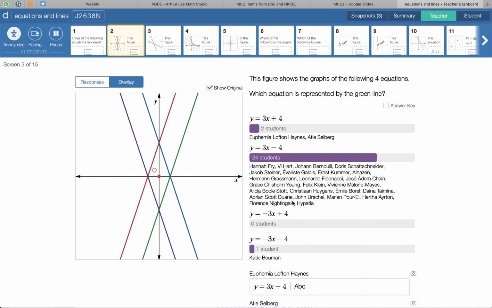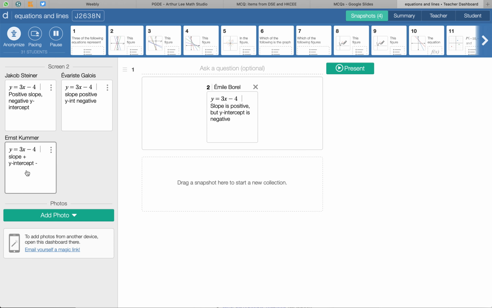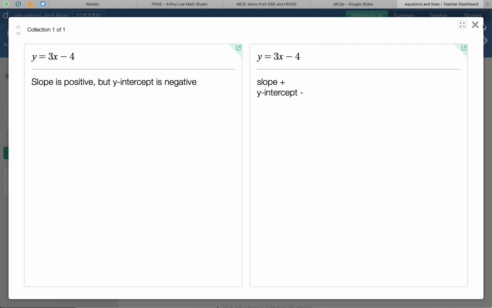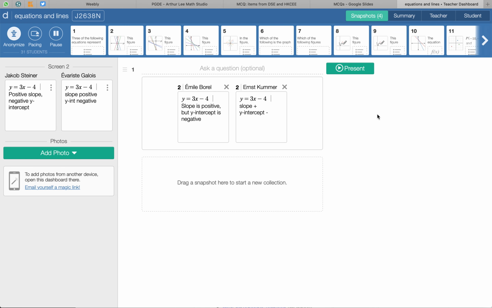For example, you can pick this one, and this is a button for you to collect the students' work. Later in the snapshot view, you can see some captured answers from the students for easy comparison. So you can discuss with the whole class which explanation or description you think is more relevant, right? Something like this. You can make use of this answer.